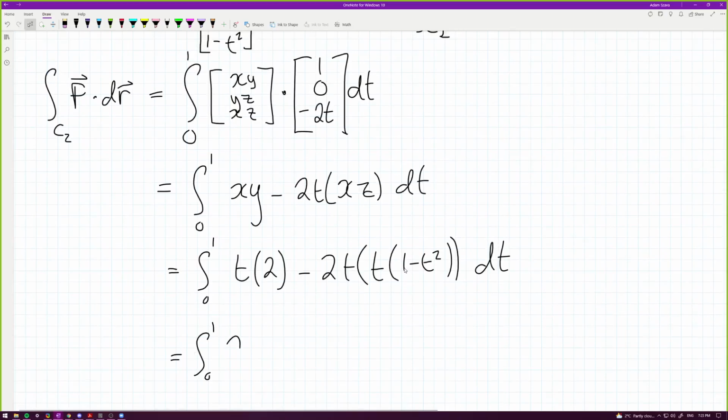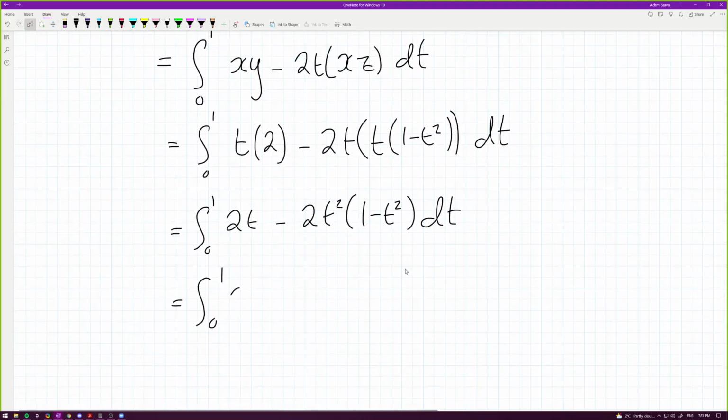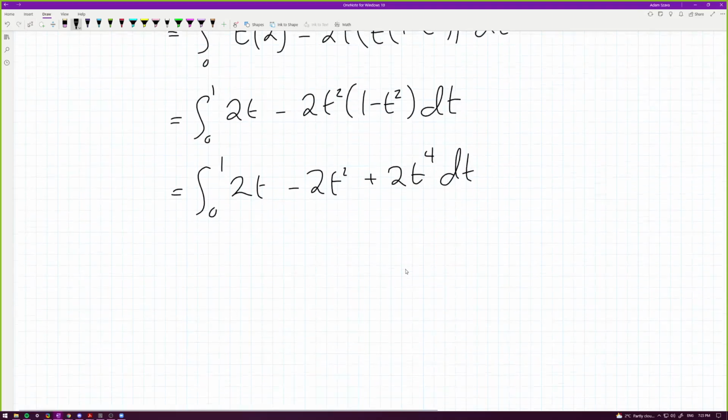So the integral from 0 to 1 of 2t minus 2t squared times 1 minus t squared dt. The integral from 0 to 1 of 2t minus 2t squared plus 2t to the 4 dt.